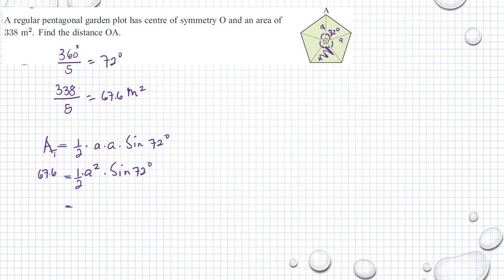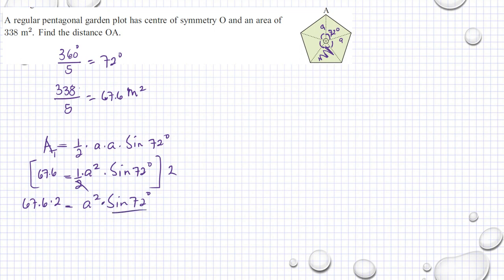Then we have 67.6 times 2. If we multiply both sides of the equation by 2, this 1/2 will become 1. So A squared multiplied by sine 72 degrees is equal to 67.6 times 2. That's it.